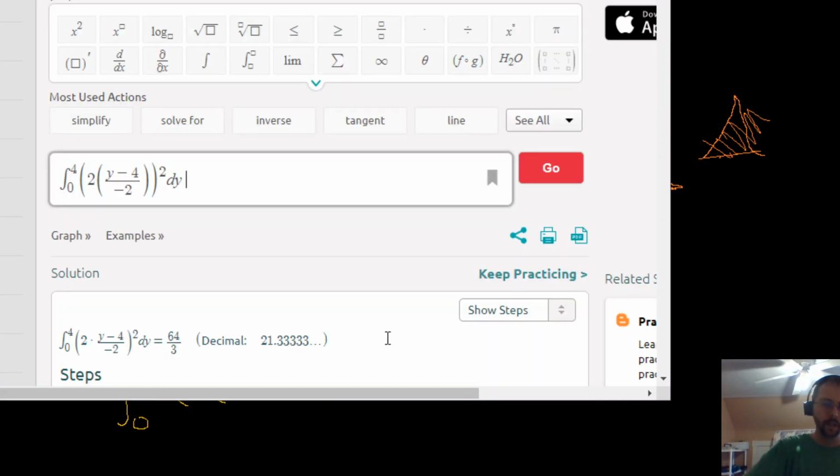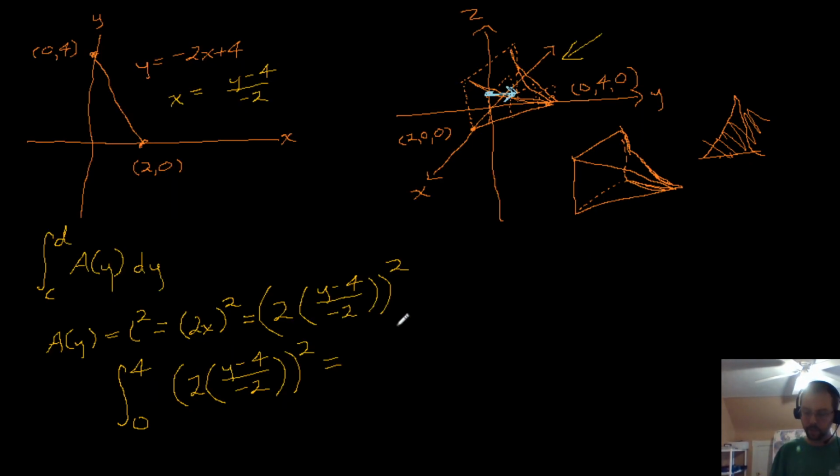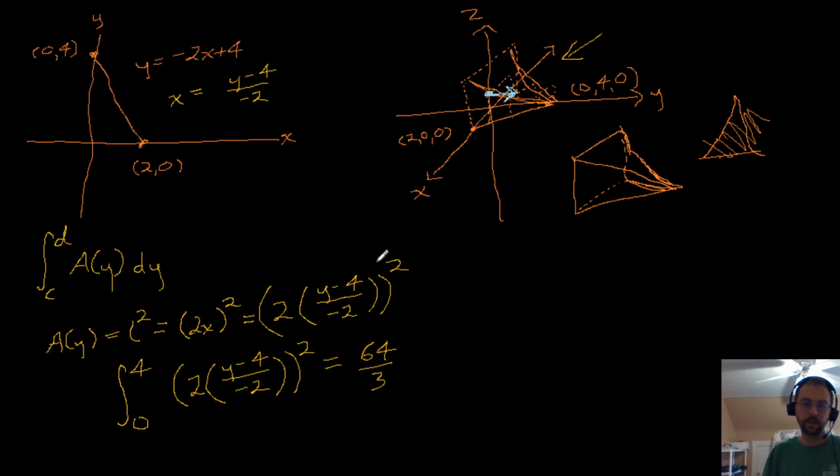So it should be 64 over 3. So our solution is 64 over 3, which as a decimal is 21 1/3, so about 21.3.